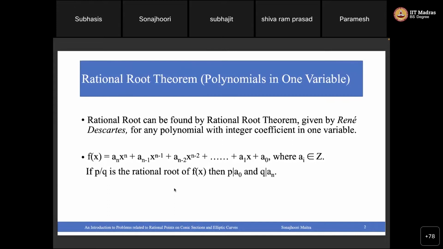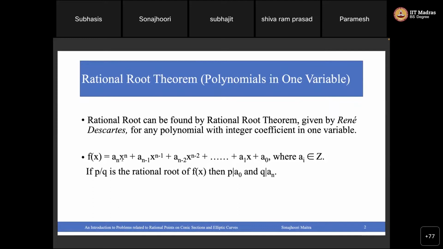The rational root theorem basically states that if p/q is a rational root of f(x), then p divides a_0, that is the constant term, and q divides a_n, that is the leading coefficient. So we would get a few fractions, and then we can put those fractions in place of x and check if they are indeed rational roots, that is, if for those values of x we get 0 as the answer.